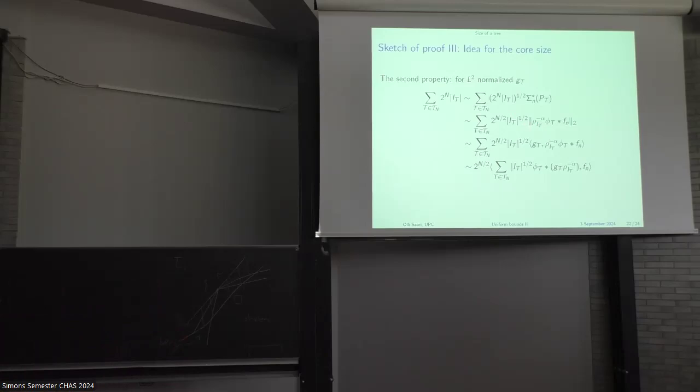Okay, but now suppose we have this kind of nice tile, then we will have this projection, and this is some function doing the tile projection. And then we dualize, we write the L2 norm as an inner product with the dual vector.